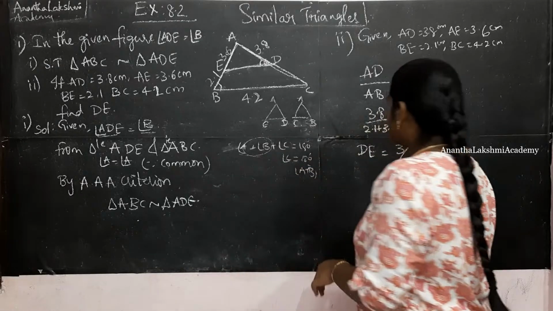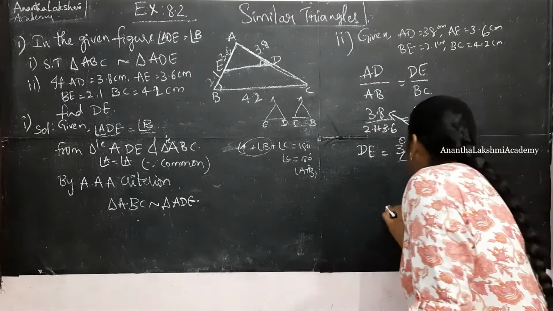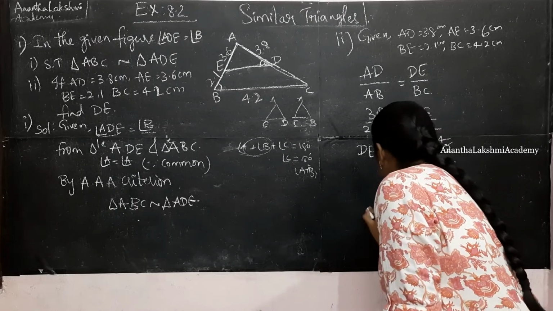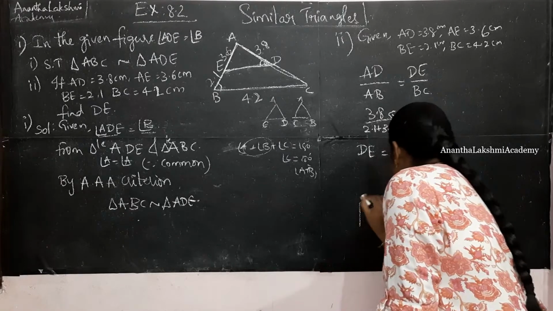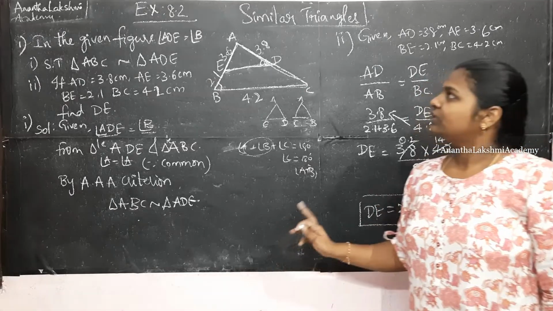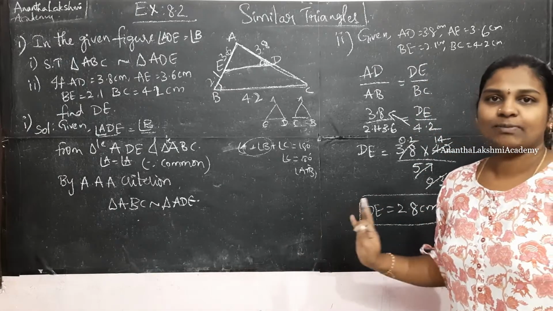This is 14 into 0.2, which is 2.8. So DE is equal to 2.8 centimeters. Alright, that is the first problem in exercise 8.2.